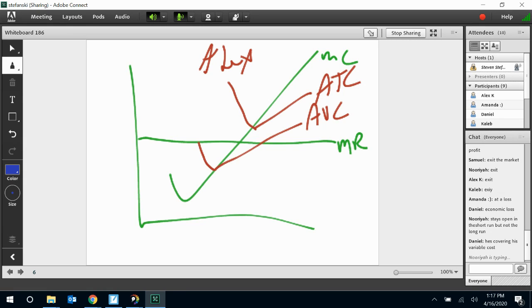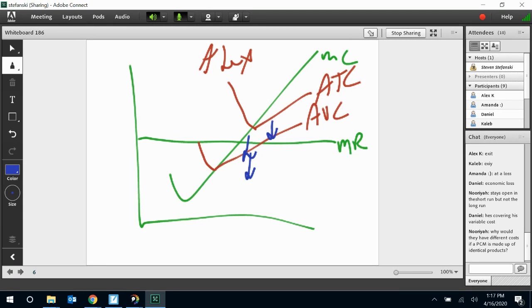The fixed costs he's not going to be able to change, but he could do something that causes his cost curves to fall, which will then help him make maybe a profit. Maybe he cuts the amount of workers, or he uses a generic product to produce it. Why would that make different costs if we're in a perfectly competitive market made up of identical products?